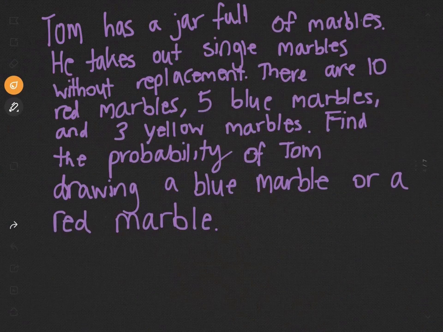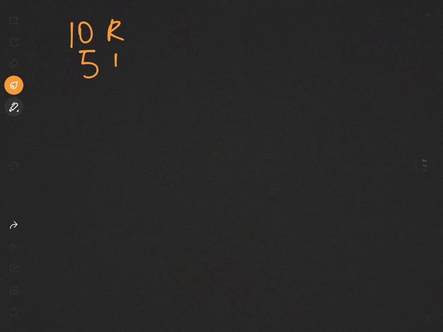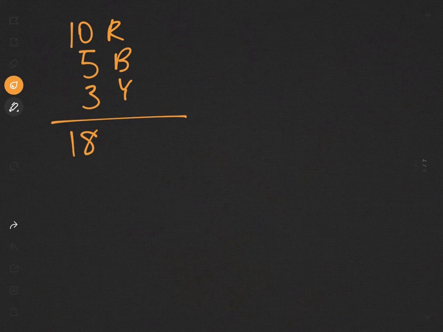He's got 10 red marbles, 5 blue marbles, and 3 yellow marbles. So in total, he's got 18 marbles. And the probability of him drawing a blue marble is, if you go back to our template on the very first page that I wrote, the number of desired outcomes over the number of total outcomes, so the probability of getting a blue marble is 5 out of 18.